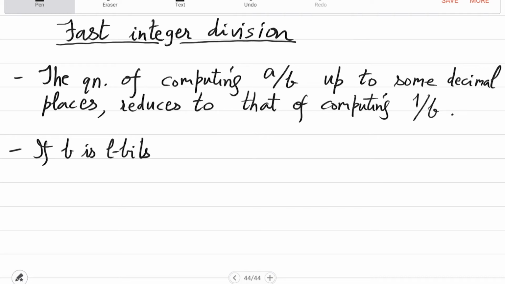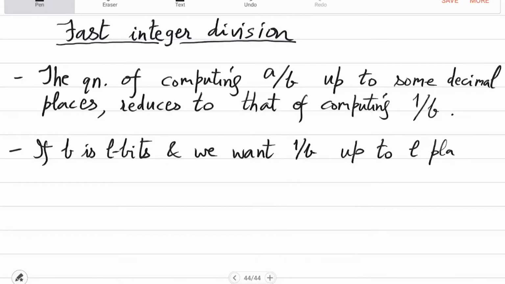So let's say b is an L-bit integer, and we want 1 by b up to L places as well after the decimal point. So the school method that you know, how much time will that take? Computing each decimal place takes how much time? At least L. And for L places, it will take L square.